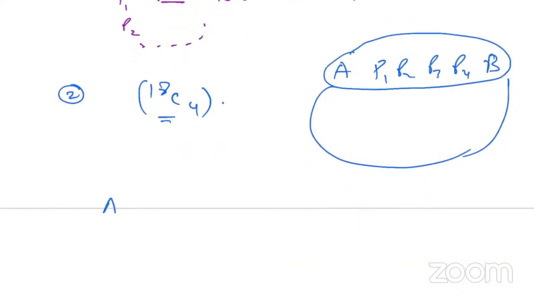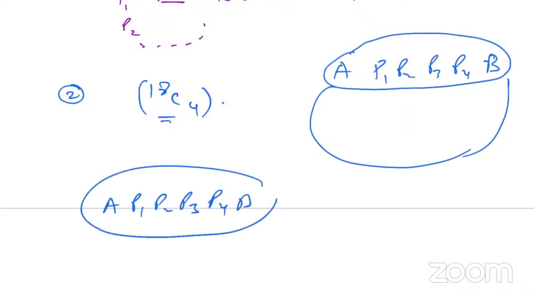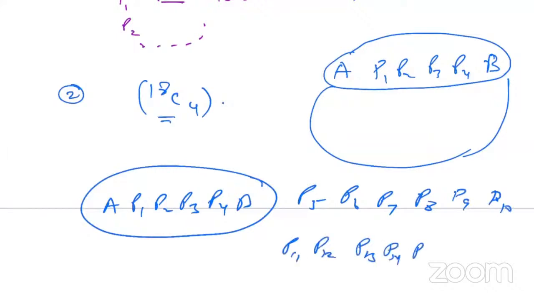So A, P1, P2, P3, P4, B is 1, P5, P6, P7, P8, P9, P10, 11, 12, 13, 14, 15, 16, 17, and 18, right? So we can see there are 15 different groups are there because I'm taking this as 1, right?